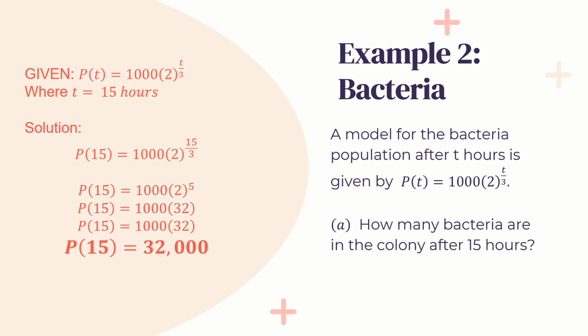No, we will be using the process of PEMDAS, where in fact we'll be accommodating the parentheses first, then the exponent, and after that the operation of multiplication. So 2 to the power of 5 is 32, multiplied by 1,000, that is why we will have 32,000 for the number of bacteria.